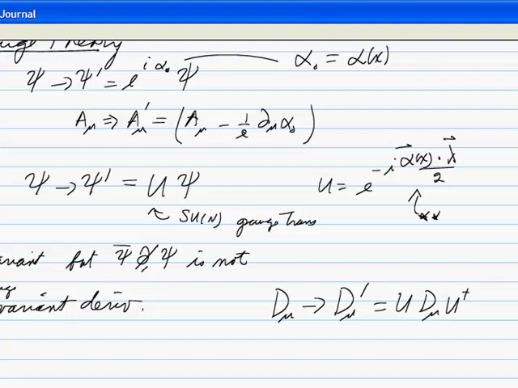Okay, that's going to be the defining property, and I'll construct it so that it works.